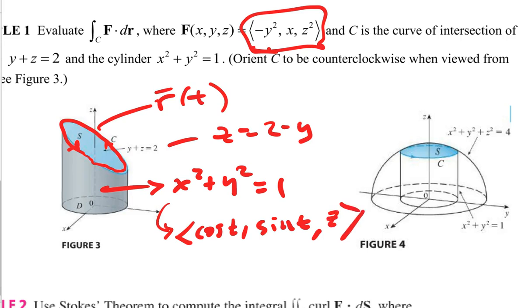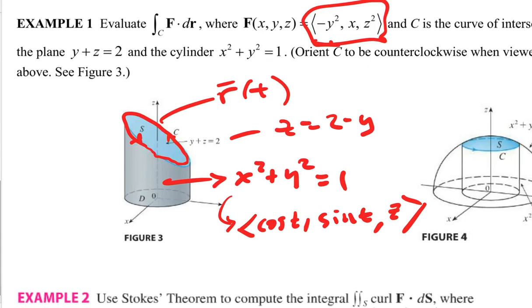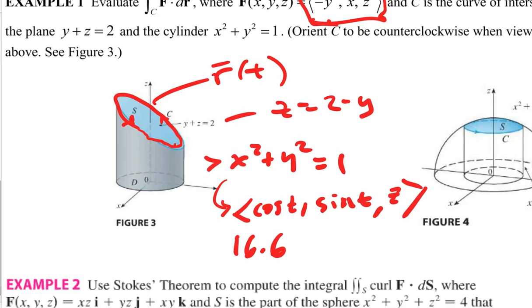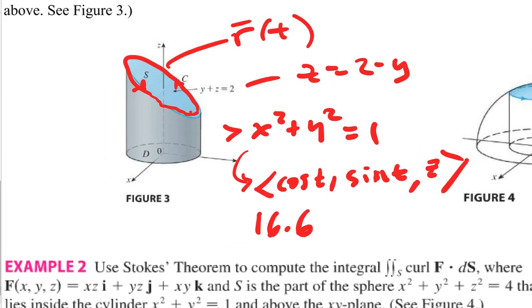So I'm parameterizing the cylinder using what we did in 16.6, parametric surfaces. It's a circle of radius 1, and then for every z value, there's another circle. This actually would be a good problem on the final. So do you see how I parameterize this cylinder?